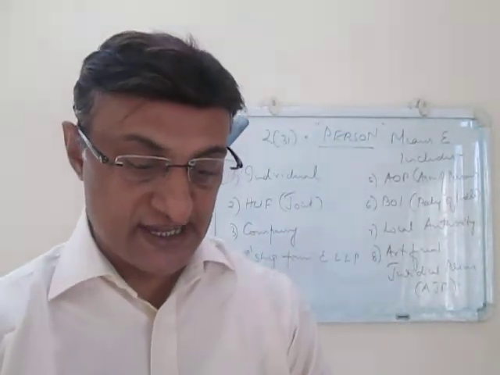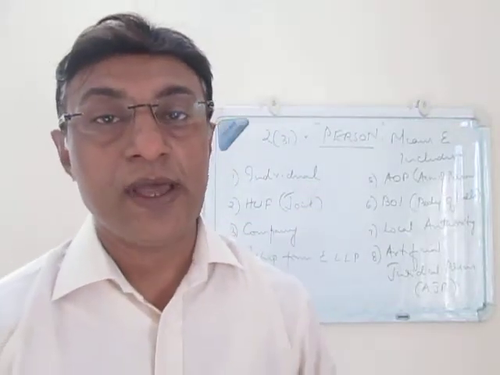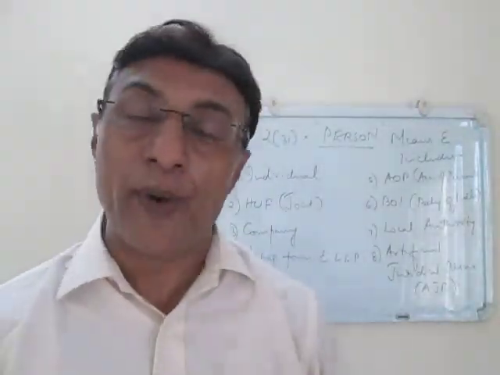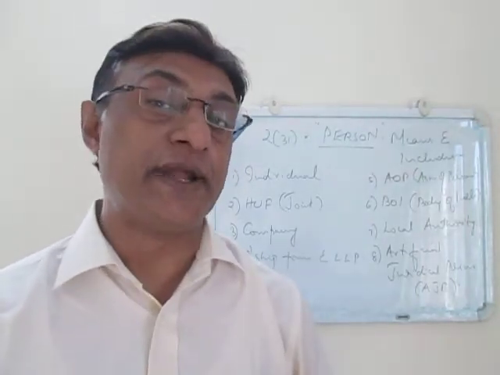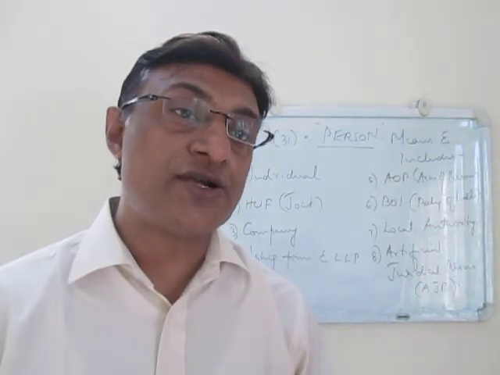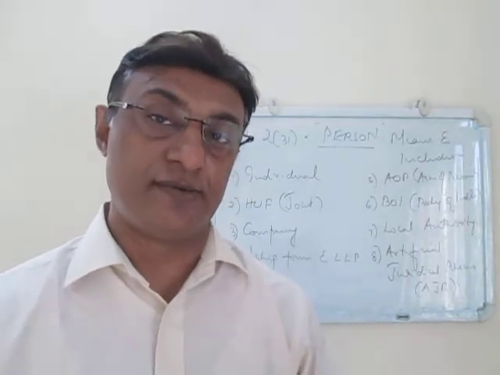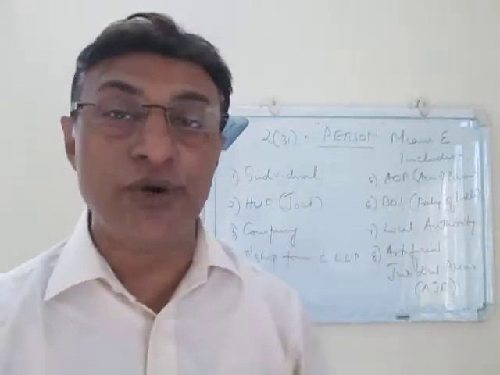Which means that there are only 8 entities identified by section 2(31) to constitute into a person under the Income Tax Act. In short, to be a person, it has to be one among these 8 only.